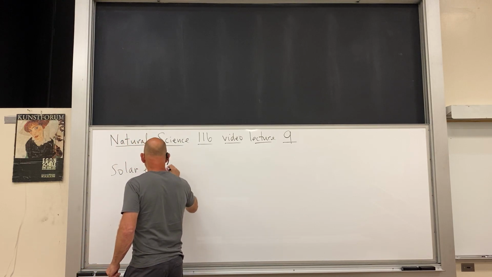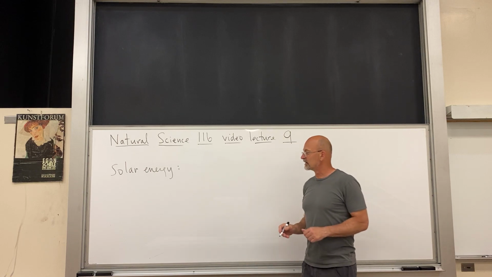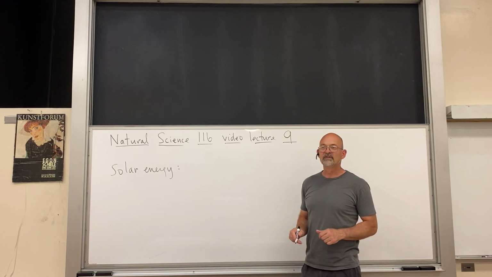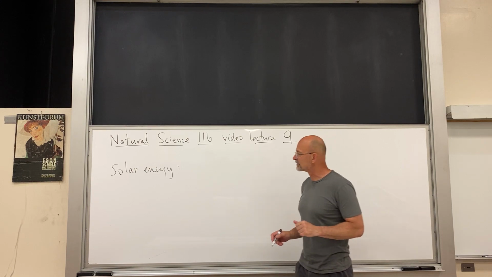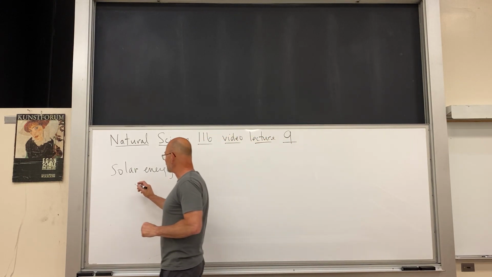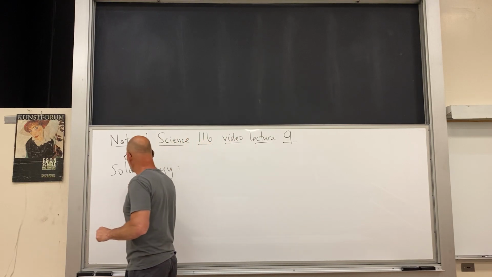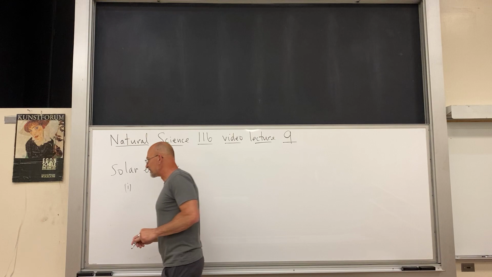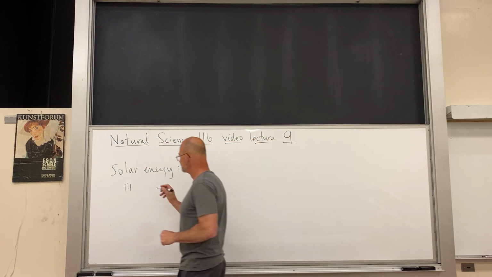Solar energy. So first of all, what do we mean by that? We're talking about the light and the heat from the sun. And some of the applications we've already talked about, because the sun drives many things. So actually, if we were to make a list, it would be kind of fun. We could talk about the energy in our food as being solar energy.